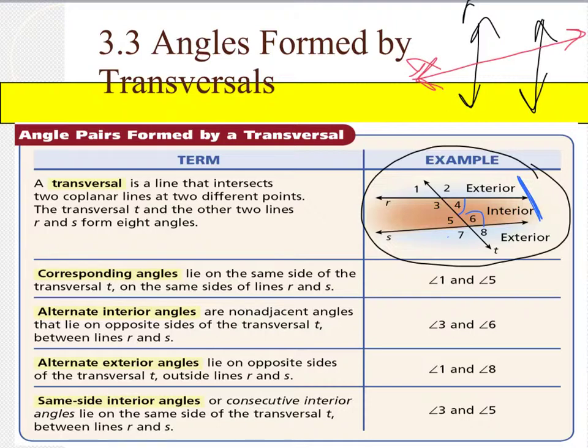So 4 and 6 would be same side interior. Same side interior on the other side would be 3 and 5. There is no same side exterior, so don't worry about that. So same side interior, or consecutive interior angles, lie on the same side of the transversal.